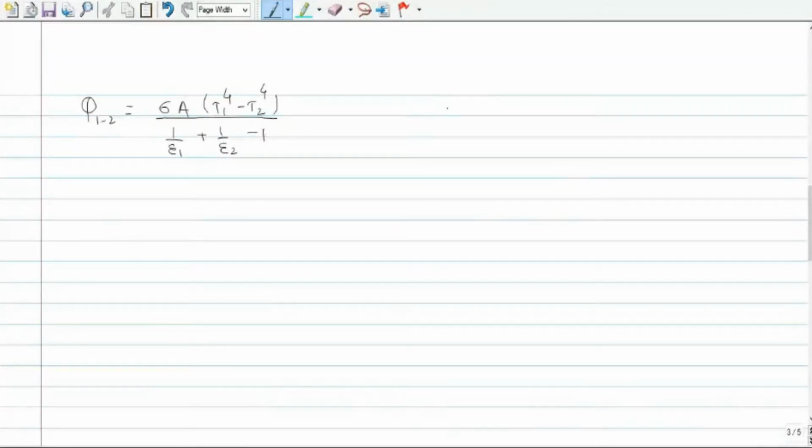Now for case number 2, I just want to write the heat exchange between surfaces 1 to 3. It becomes area into sigma into (T1 to the power 4 minus T3 to the power 4) divided by 1 upon emissivity 1 plus 1 upon emissivity 3 minus 1.